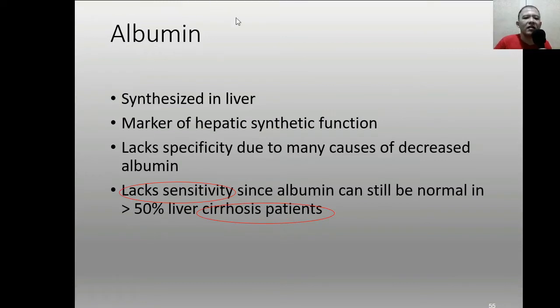Again, albumin is produced by the liver, but it lacks specificity due to the many causes of decreased albumin. Of course, decreased albumin can also be caused by malnutrition. It also lacks sensitivity because albumin can still be normal in cirrhotic patients.